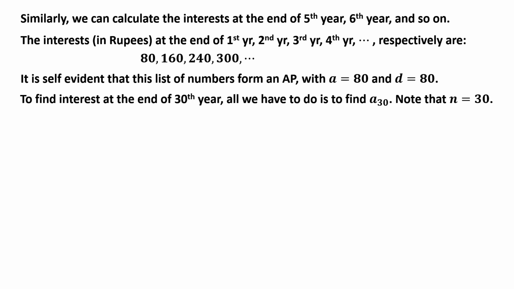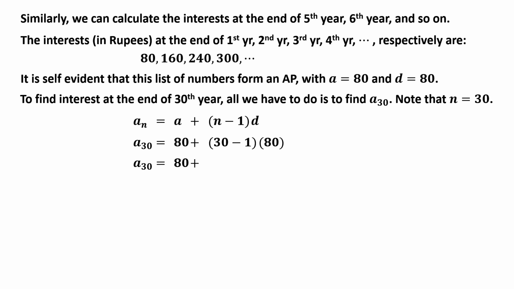To find the interest at the end of the 30th year, all we have to do is to find a30. Note that n equals 30 here. an equals a plus n minus 1 into d. a30 equals 80 plus 30 minus 1 into 80. a30 equals 80 plus 29 into 80.